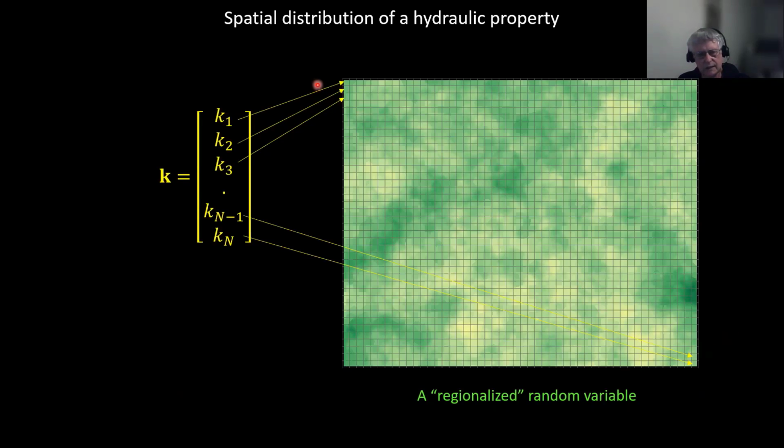And if I want to look at the hydraulic property in each element of this grid, I've got this enormous random vector K, which is the hydraulic property in each one of these cells. It's random because I don't know that hydraulic property. I know something about it, therefore it can have a probability distribution. But I don't know everything about it, therefore it has to be expressed stochastically.